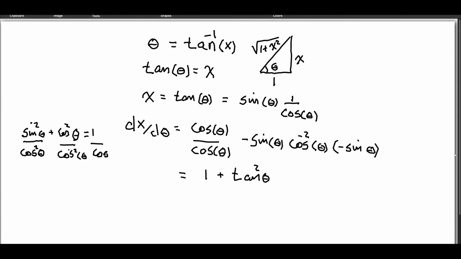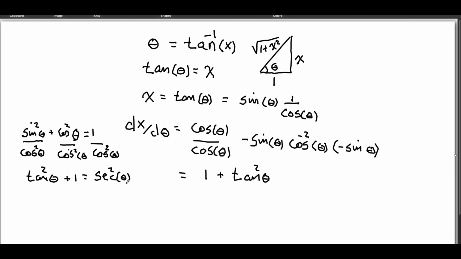We have our identity: tangent squared theta plus 1 equals secant squared theta.